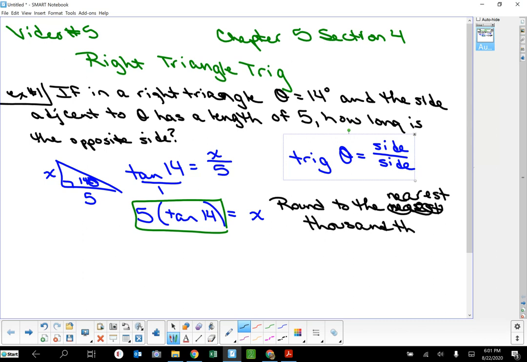So just real quick to review decimal places, we have your whole number, the decimal place. This is the tenths. This one is the hundredths. Then the third one is your thousandths.